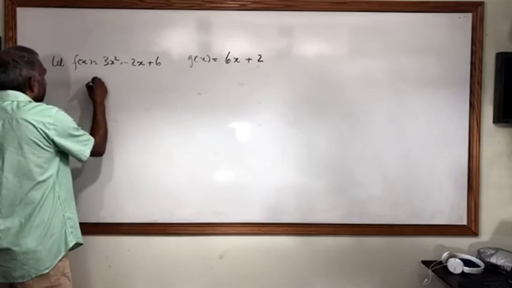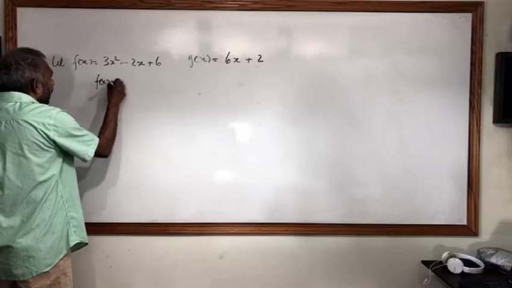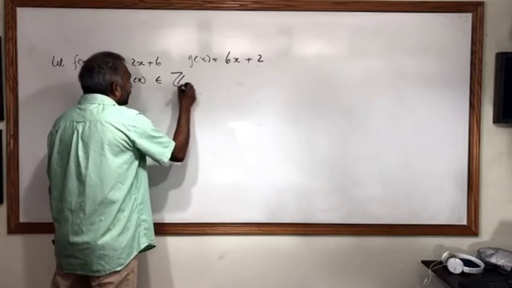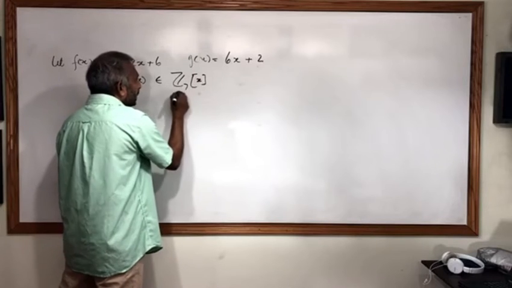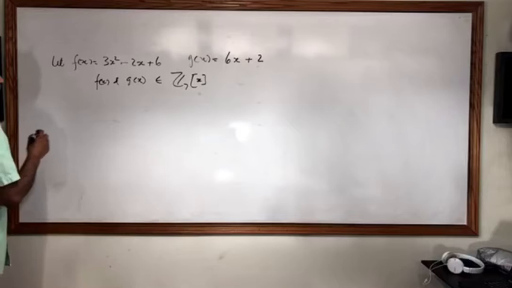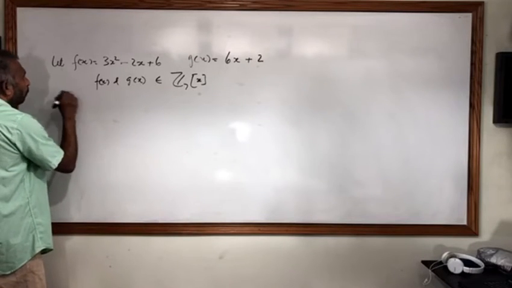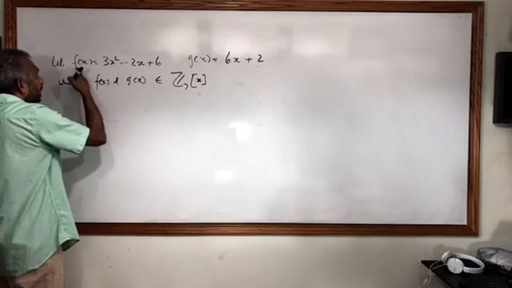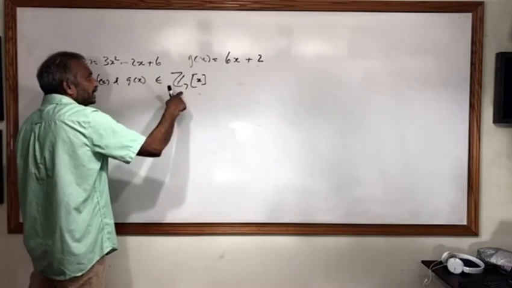I'm going to consider these f of x and g of x to be in Z7 of x. Z7 is a finite field. So f of x and g of x are not in Z but in Z7 of x.